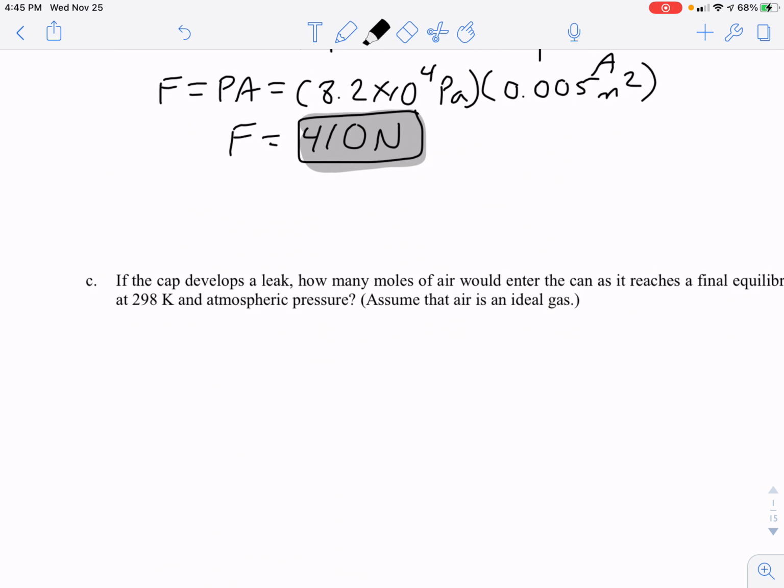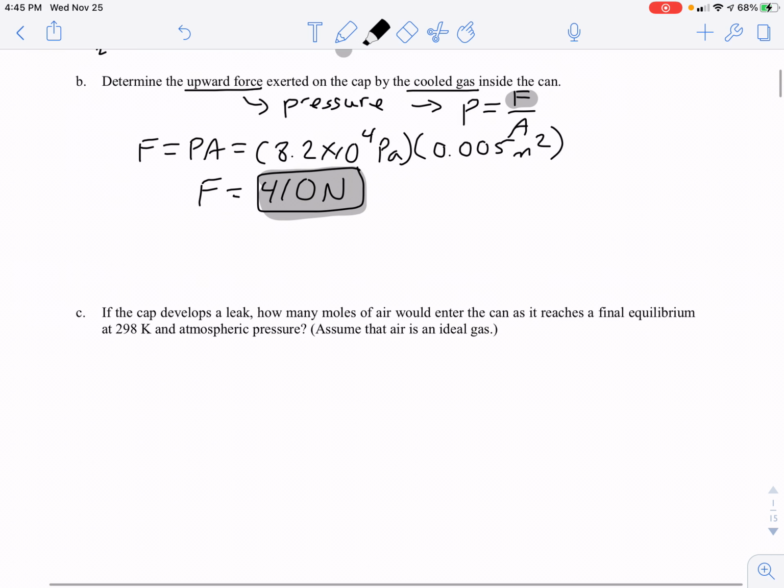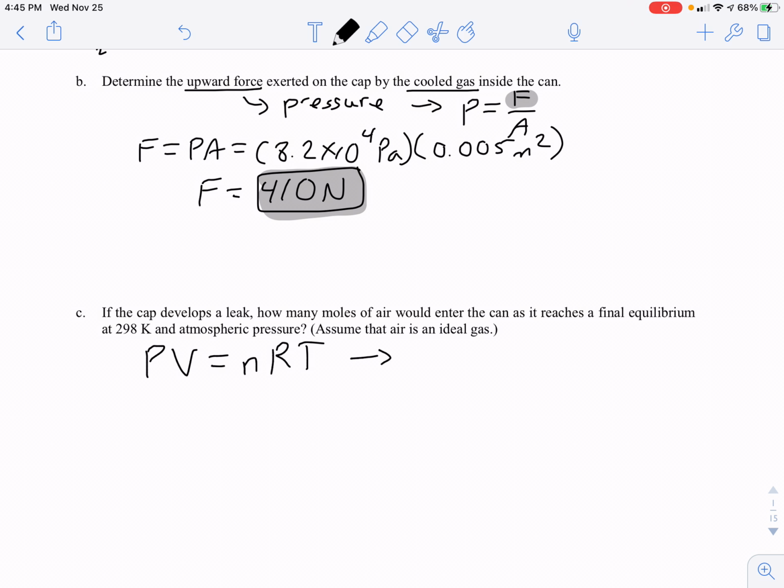So this is an interesting example in terms of how we can use ideal gas law. Normally, PV equals nRT. That is the ideal gas law equation. However, if the number of moles change with any particular variable change, like pressure, volume, or temperature, then we could restate it like this.